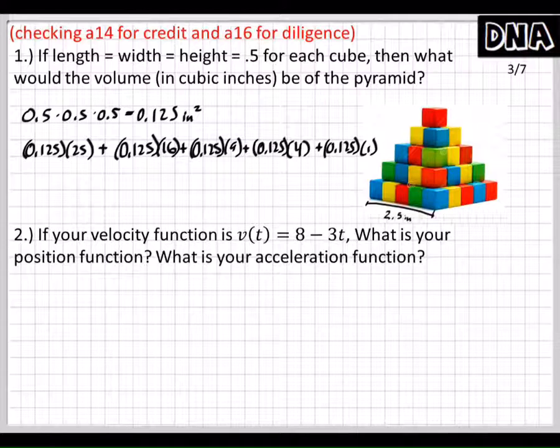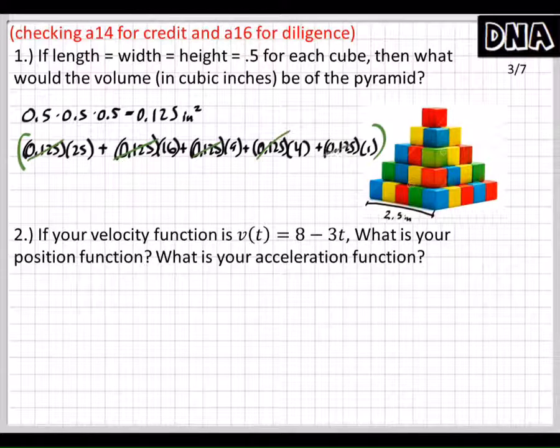Now, I want to manipulate this just because we can. And in calculus, we have to be really good with manipulating things. If I took this right here, is there something I can factor out of this whole thing? 0.125.